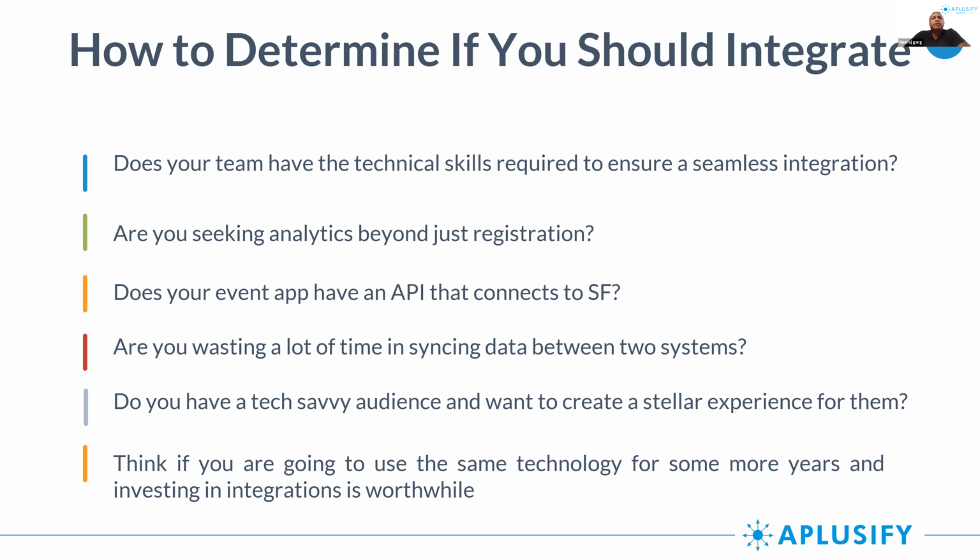Do you just want to run analytics on how many people have registered for your event, or is it beyond that, which is more about post-event analysis, where you understand what topics they were interested in, what booths they visited, and all that kind of information? If you're looking for post-event analytics and beyond, I think you should go for an integration, because that would help you run a lot of analytics on your data, which will help you understand your members better.